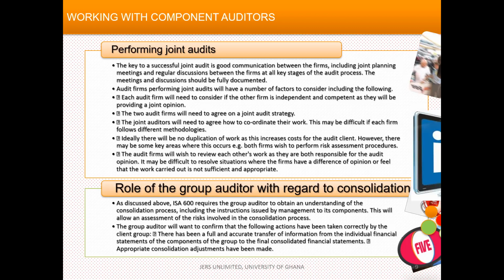Now, the whole thing about group is about consolidation. So there has to be an accurate transfer of information from the individual financial statements to the consolidated financial statements. And the group auditor will also confirm that appropriate consolidation adjustments have been made. In the beginning, we talked about things like currency differences and all that.